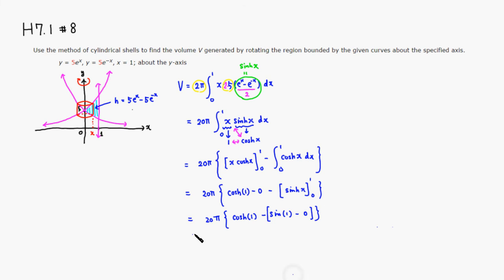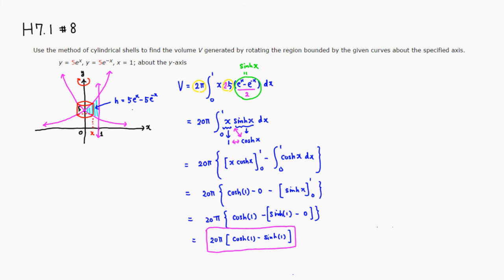Therefore what you get is 20 pi times the hyperbolic cosine of 1 minus the hyperbolic sine of 1. That would be the volume of the solid that we're interested in.